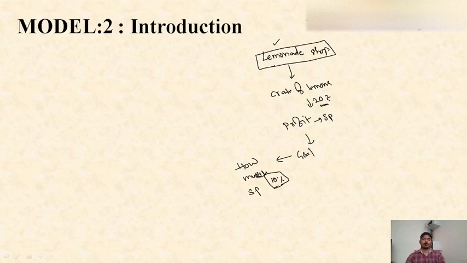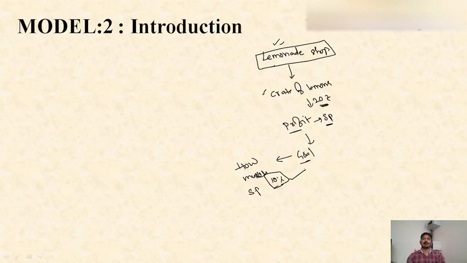So the example here is: you are running a lemonade shop and you went to the shop and bought a crate of lemons for 20 rupees. Now your goal is to find the selling price of each cup of lemonade in order to gain 10 percent profit on the whole transaction.